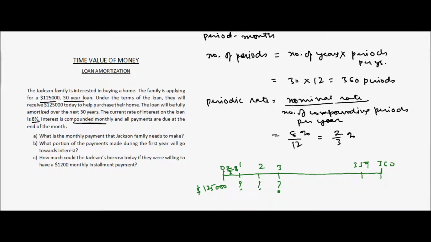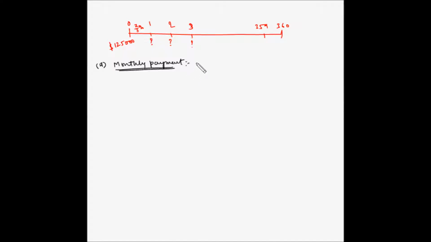So this example actually depicts a real life case, because typically when you take a home loan, the banks require that you make payments on a monthly basis. The loan is typically a 20-year or 30-year loan, and in some banks the terminology used for these monthly payments to repay the loan is EMI.